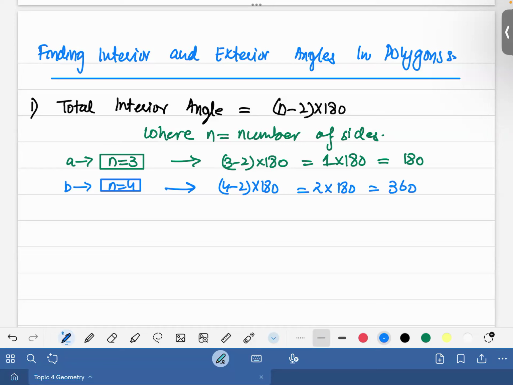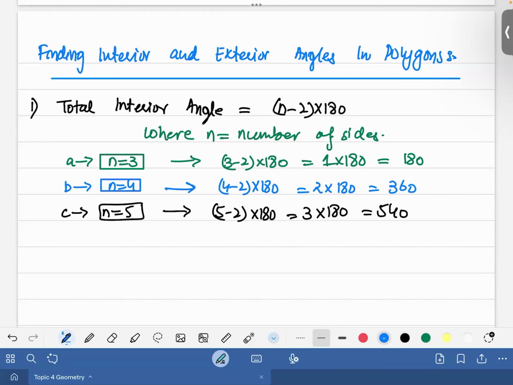We are familiar with these two, but not with when n is greater than 4. For example, n is equal to 5: 5 minus 2 is 3, and 3 times 180 is 540.